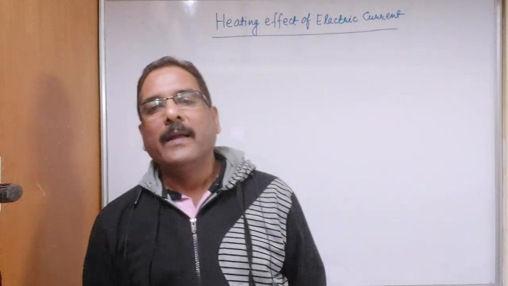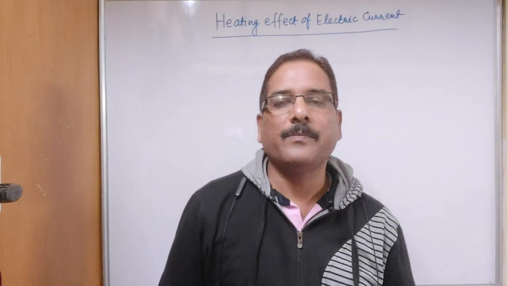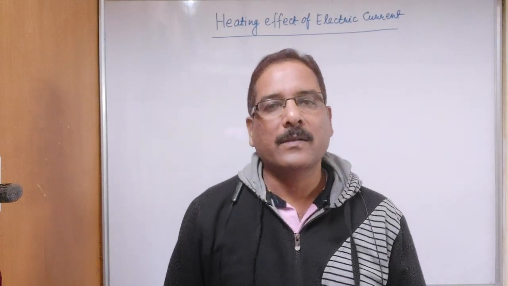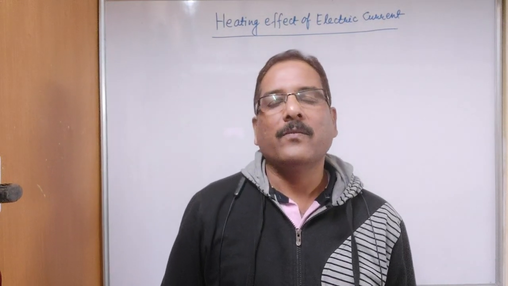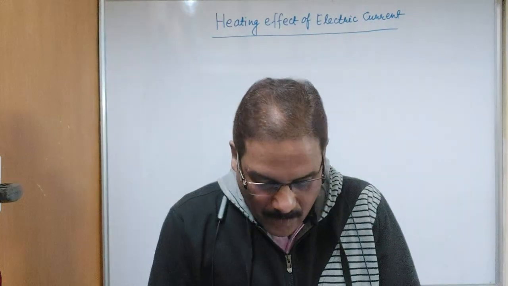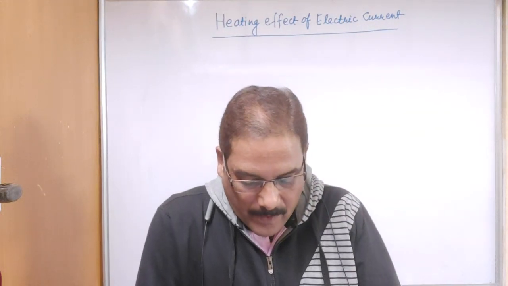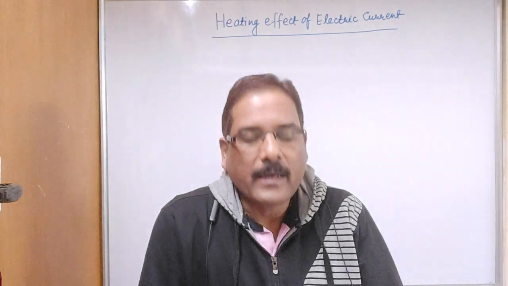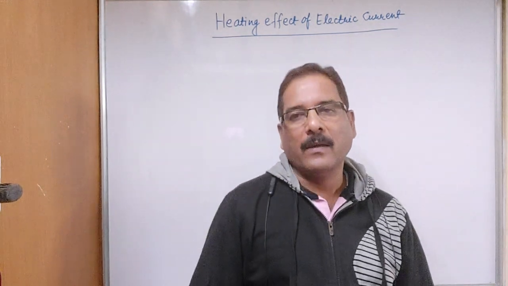So suppose in an electric circuit there are so many resistors, it means the electric circuit is purely resistive, and the circuit is connected to a battery or cell, then the entire electrical energy is converted into heat energy. So this is known as heating effect of current. Now this effect is utilized in devices such as electric heater, electric iron, etc. So we will read about the application of heating effect of current.